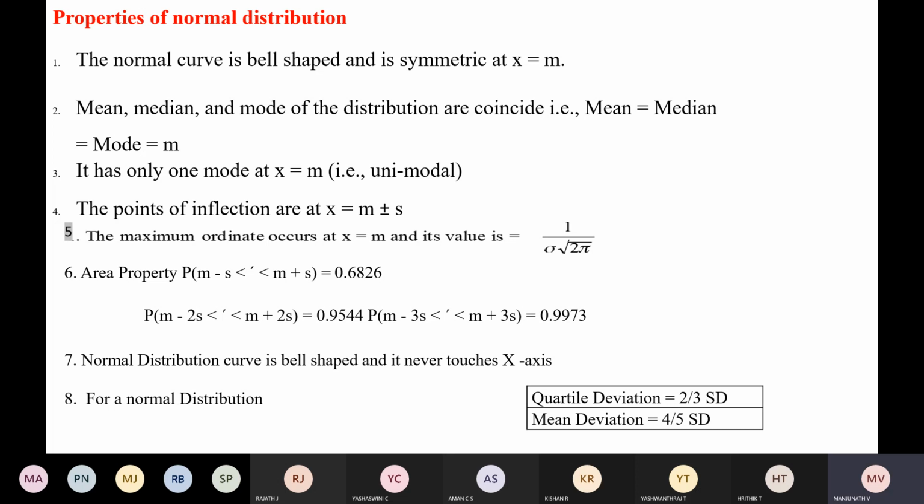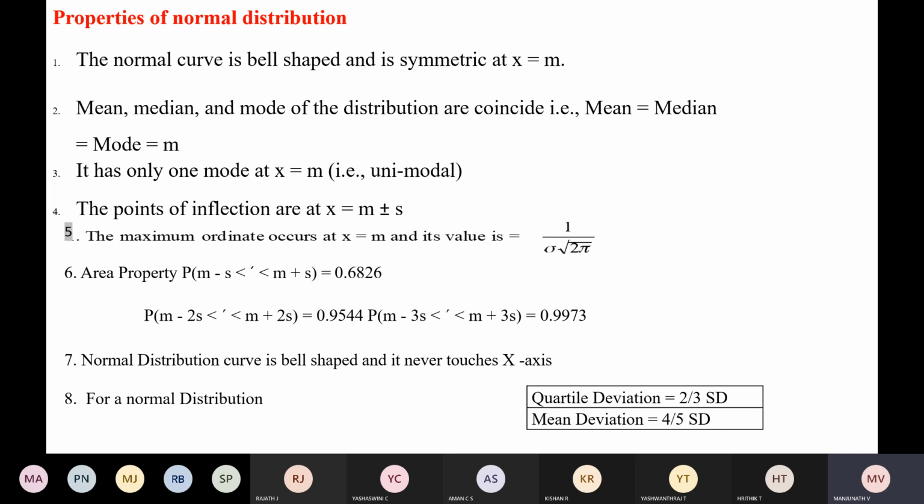Now the properties are like that. In the case of normal distribution, mean is equal to median is equal to mode. It is called a unimodal distribution. It is also called a symmetric series. Symmetric, why?